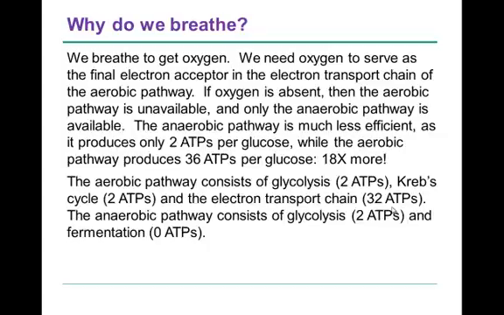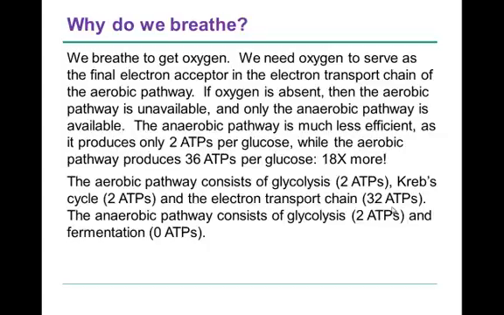We need oxygen to serve as a final electron acceptor so that we can use the aerobic pathway instead of the anaerobic pathway. The aerobic pathway is much more efficient, producing 18 times more ATP per molecule of glucose than does the anaerobic pathway.